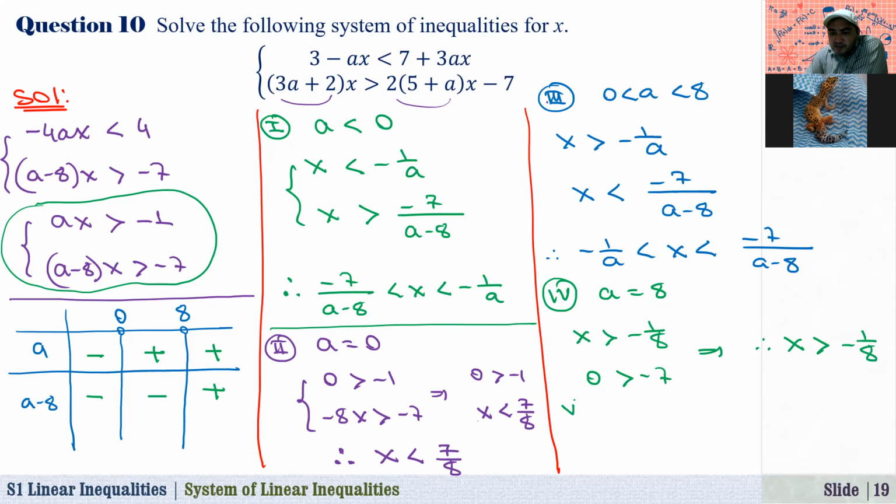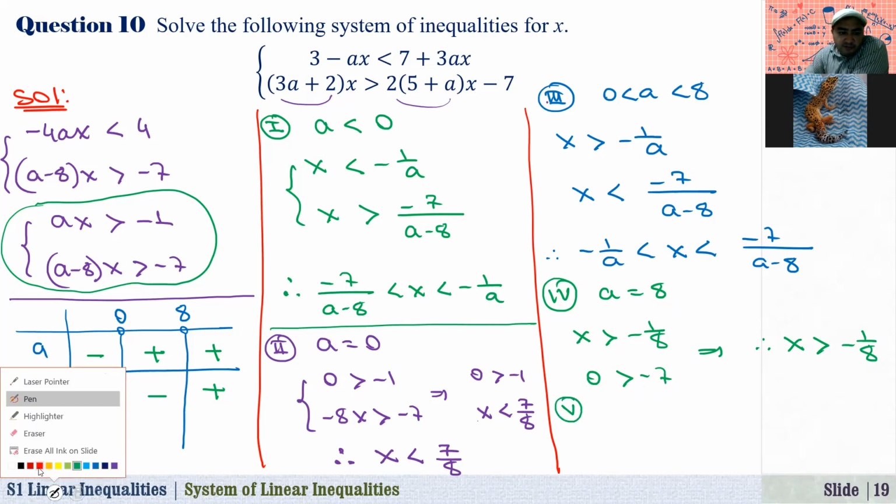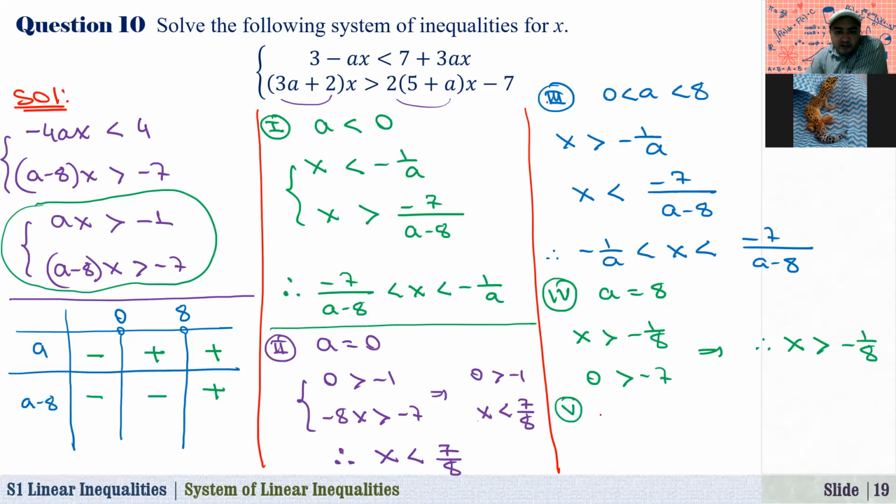And the last one is number 5. How about a is greater than 8? Both are positive. At that time, the solution will be x is greater than minus 1 over a, and x is greater than minus 7 over a minus 8. Okay, so a is greater than 8.